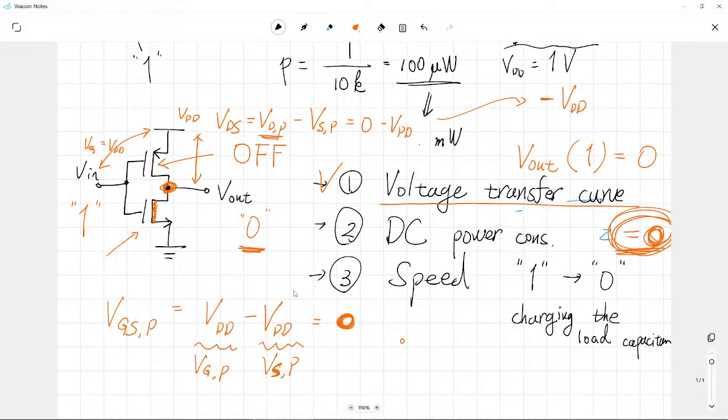So if you don't realize its importance, please always think about your NMOS counterpart. Previously, your NMOS inverter consumed power corresponding to approximately VDD squared divided by RD.